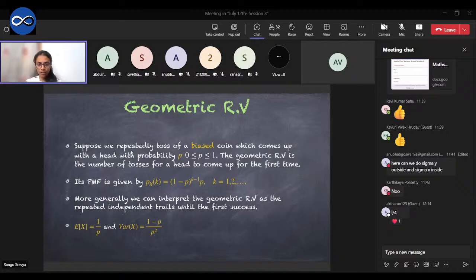That can be considered as a geometric random variable. Mean is 1 by p and variance is (1 minus p) by p squared for this geometric random variable. Again, you try yourself. To find this, you can apply total expectation theorem to find the expected value of geometric random variable. Try yourself.